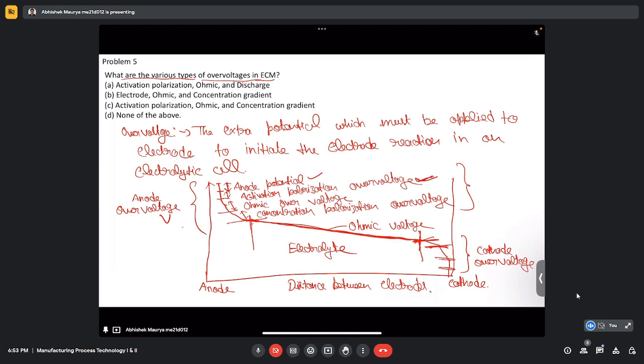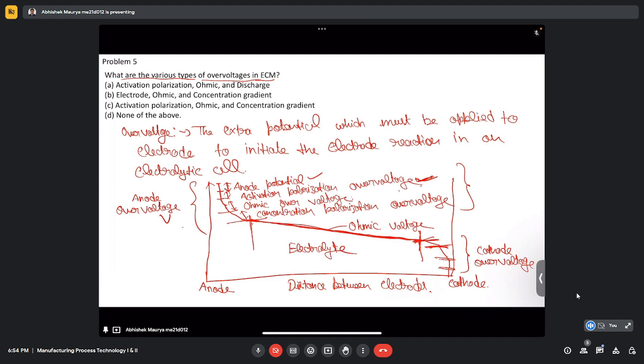A little bit of polarization has to be done in order to initiate the motion of the ions, and that is called the polarization over voltage. And ohmic over voltage is there because there is some thin solid layer around the electrode. Whatever drops take place there is called the ohmic over voltage.